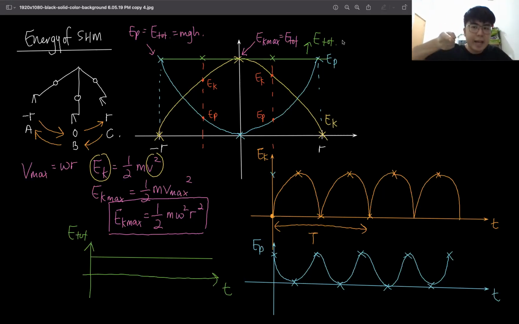Some of the kinetic energy will eventually be converted to heat energy. Since they are removing energy, that means the system loses energy as it oscillates. Over time, it loses energy. So for every cycle, the amplitude goes on decreasing.